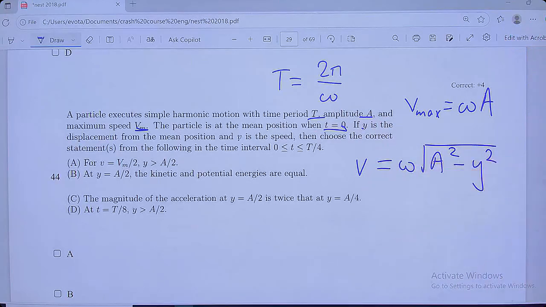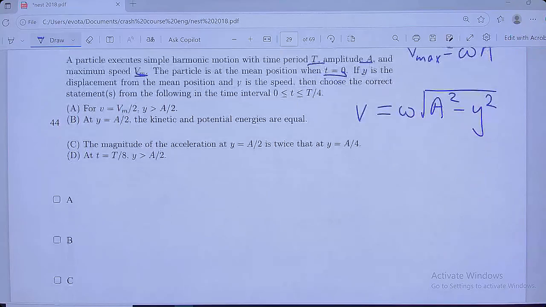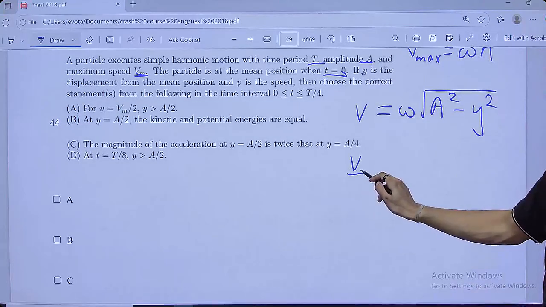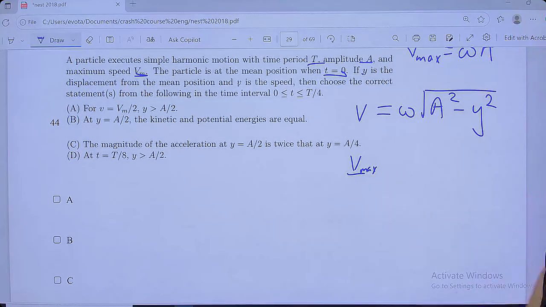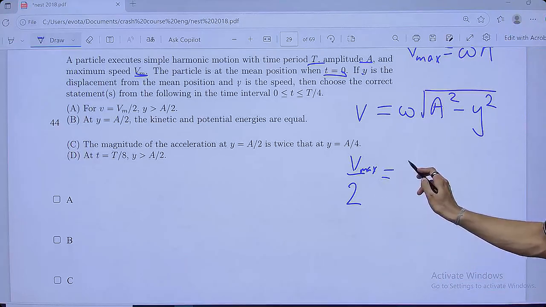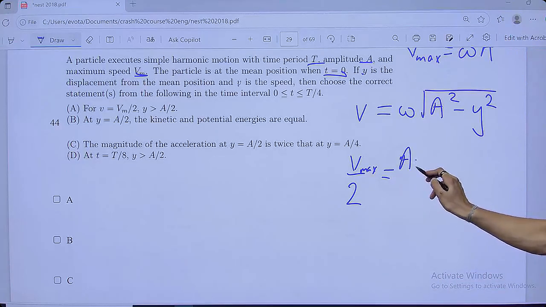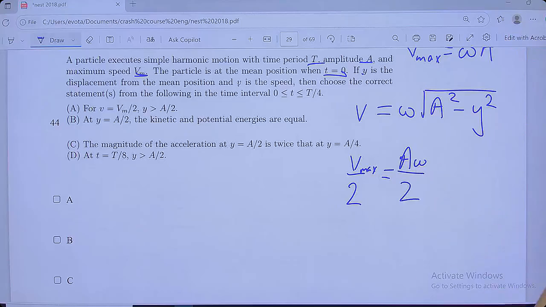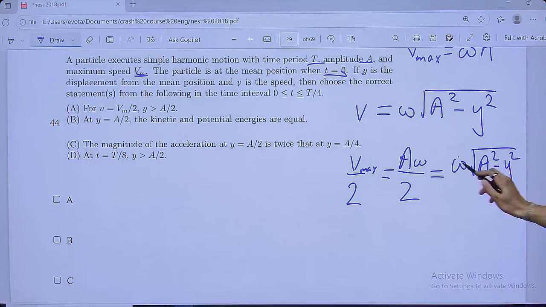So if the velocity should be equal to half of the maximum velocity, which is basically a into omega upon 2, then equating it to omega into under root a square minus y square, omega gets cancelled.